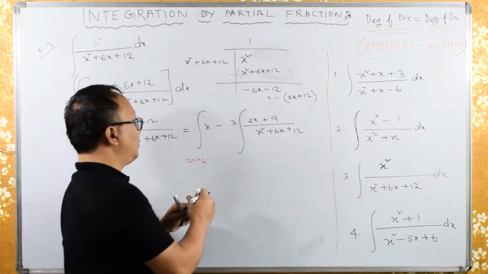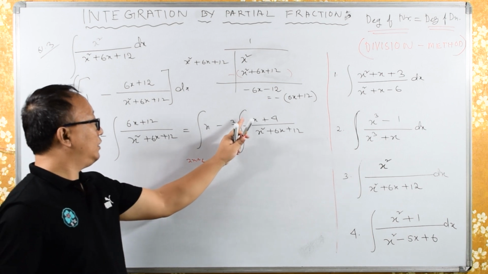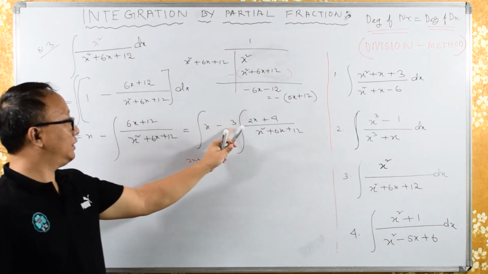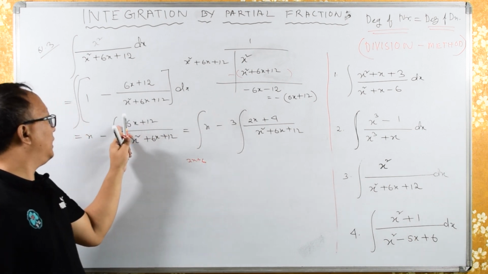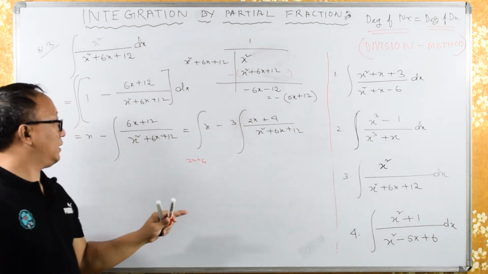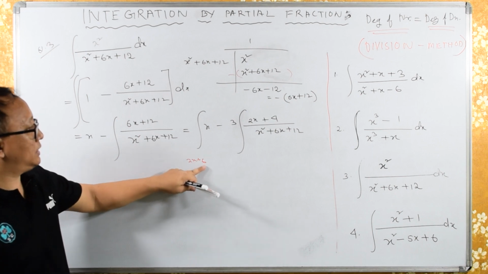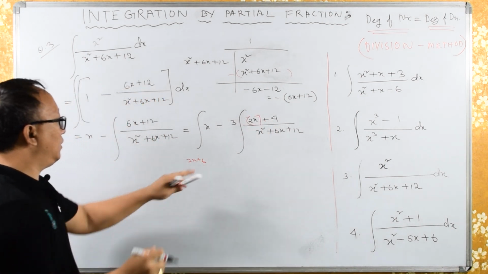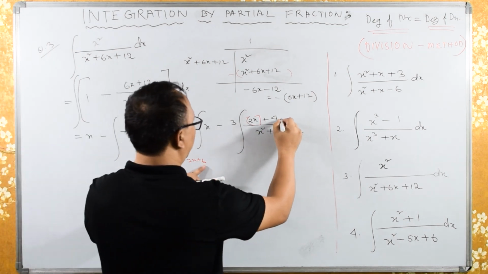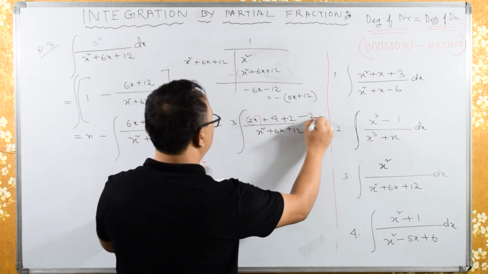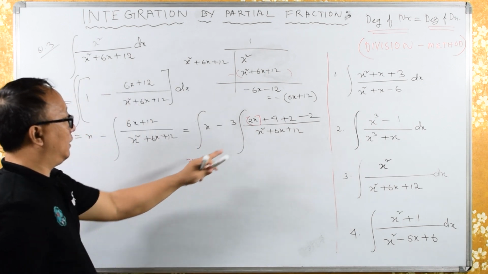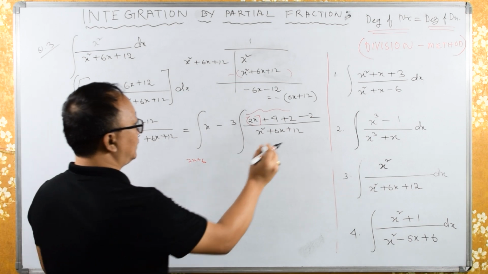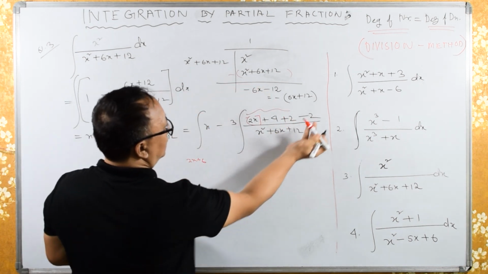So to get twice x, we need to take 3 common. Then 3 twos are 6 and 3 fours are 12. But I need to get twice x plus 6. Twice x I already have, so in order to get 6, here I can add plus 2 minus 2. So this becomes one term, this upon this.